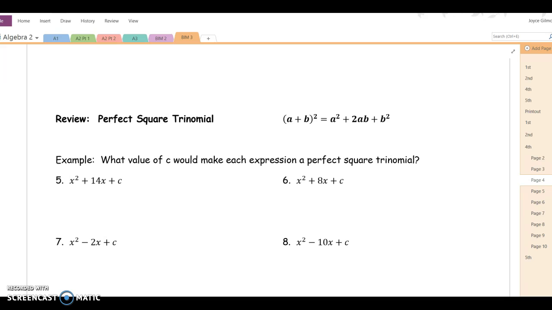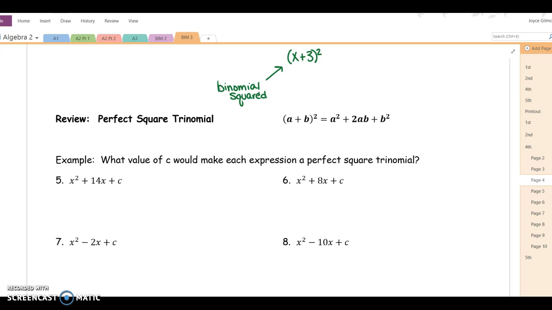On the next page, it shows you what a perfect square trinomial looks like. For example, if I have something like x plus 3 squared, this is called a binomial squared. So if your assignment asks you to write something as a binomial squared, binomial means 2 terms.